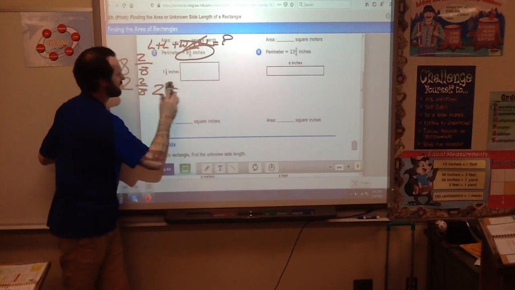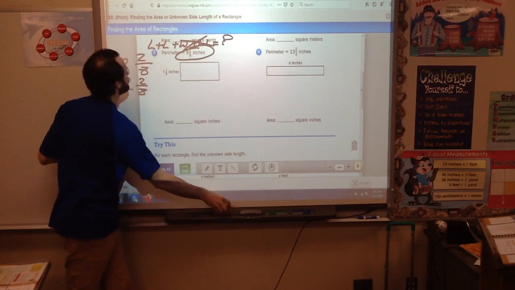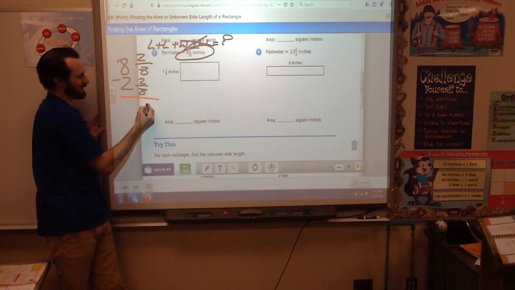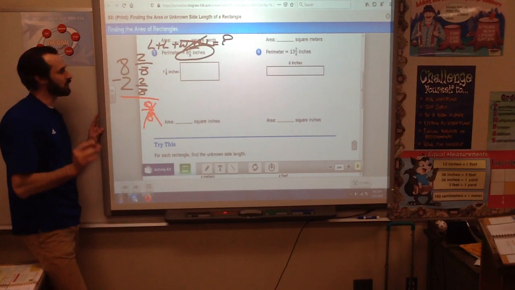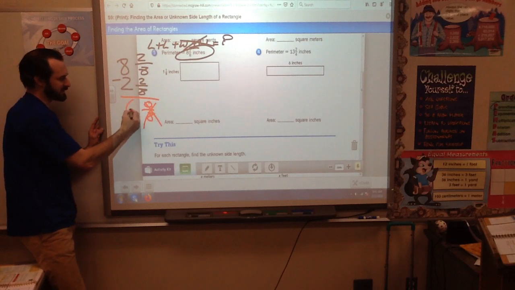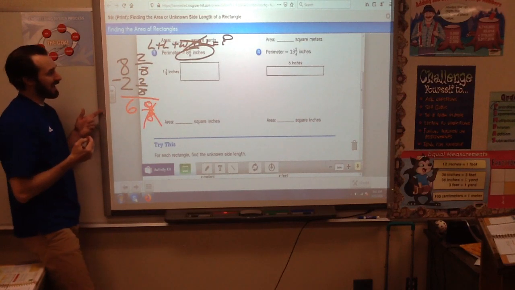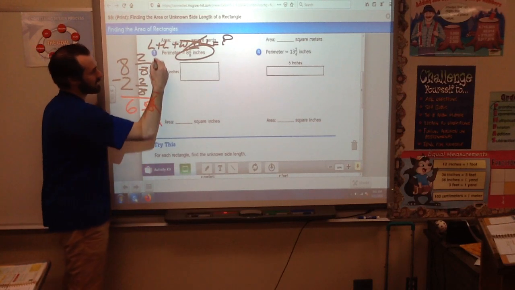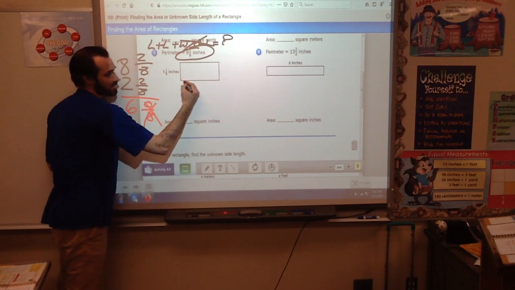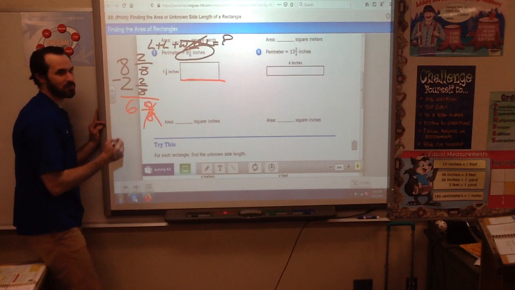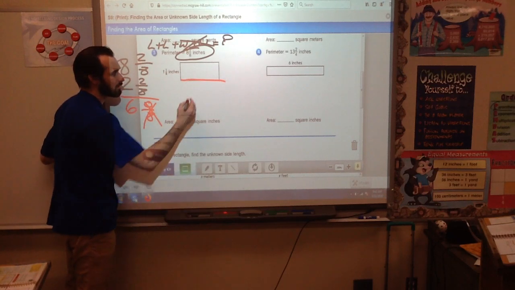Now if you were doing this, 2/8 minus 2/8 is 0/8. Well, you don't need that. 0/8 is nothing. It means you don't have anything. 8 minus 2 is 6. So that means length plus length equals 6. To figure out just one of the lengths, we have to divide that in half. What's half of 6? 3.